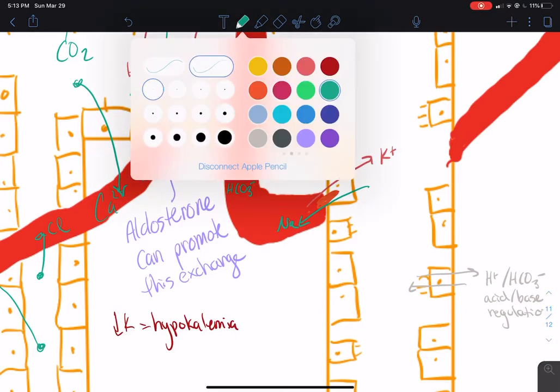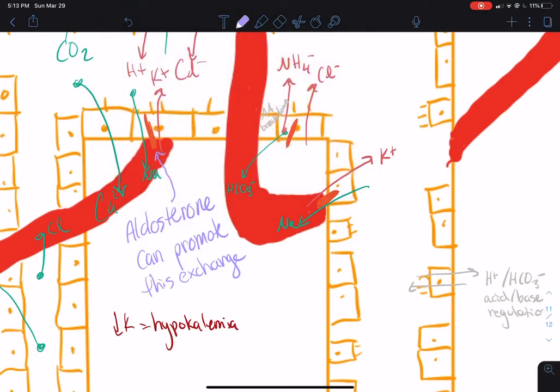And just like with our other sodium-potassium exchanger, aldosterone is also going to control this as well. So this is an important note. Aldosterone doesn't only affect the distal convoluted tubule, but also affects the collecting duct. So it works on two different parts of the nephron. Aldosterone will continue to promote that exchange in the collecting duct.